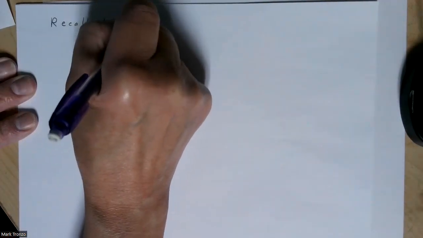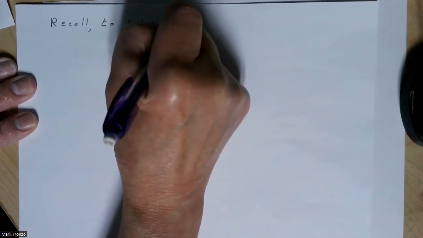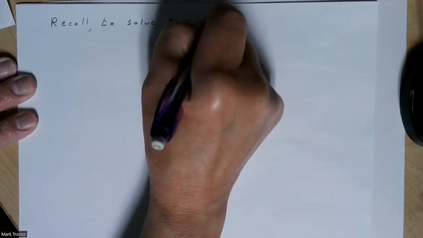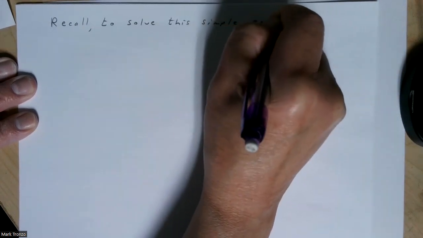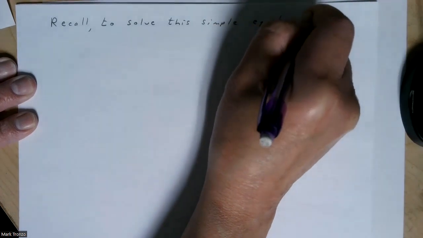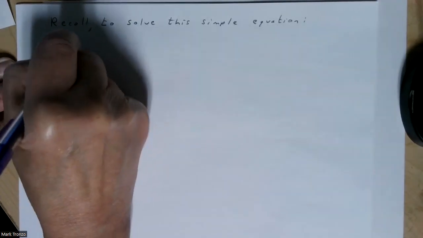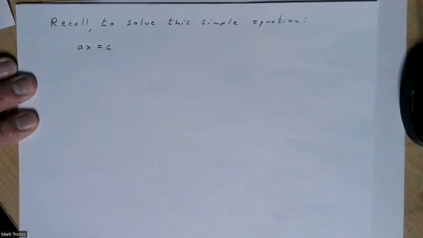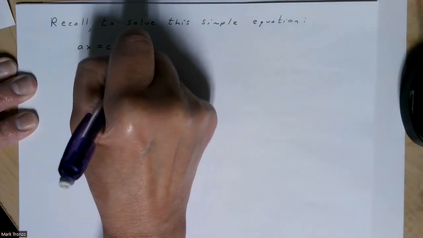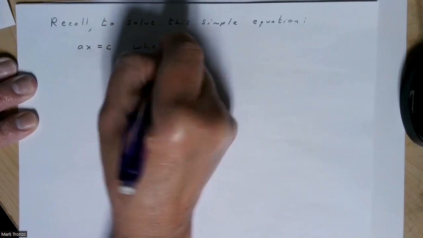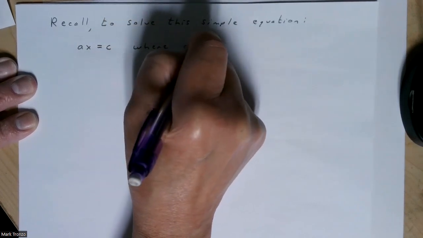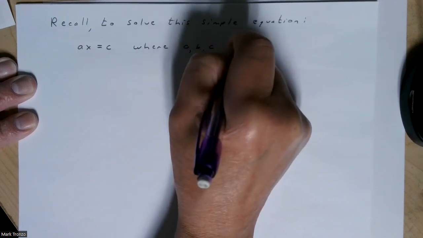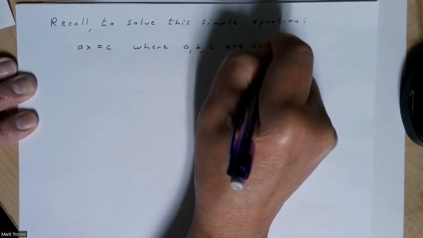Recall, to solve this simple equation, let's say you had AX equals C, where A, X, and C are scalars, numbers that is.